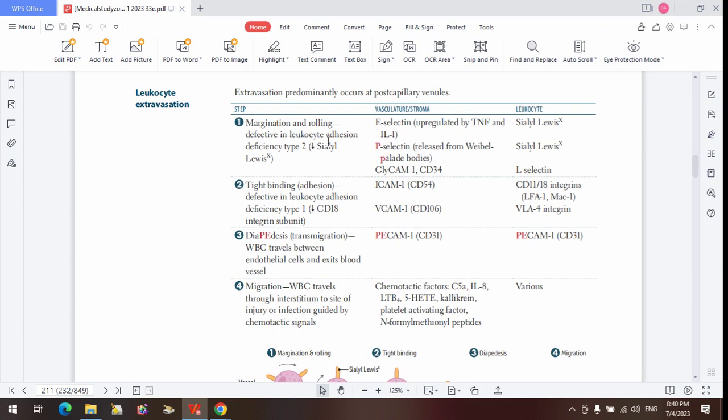The neutrophils will now marginate, they will move towards the margin of the blood vessels, attaching themselves to the endothelial cells. Now they will start rolling. How will they roll? It is due to attachment of some ligand on the white blood cell or the neutrophils and some receptors on the endothelial cells.